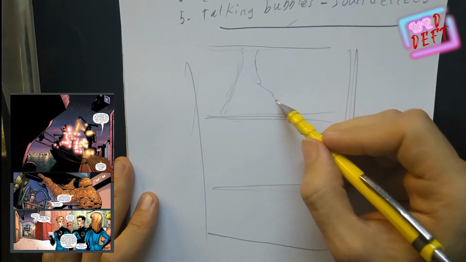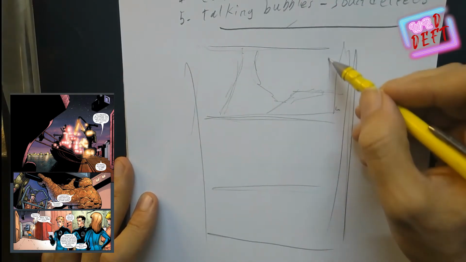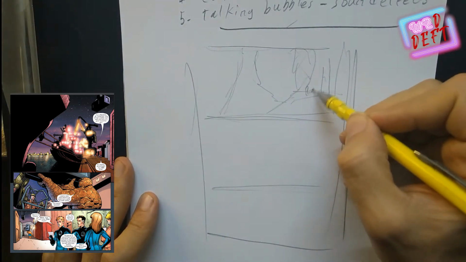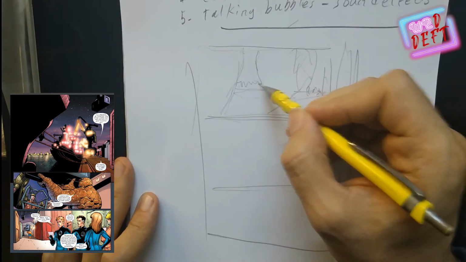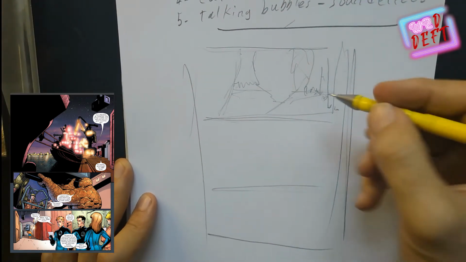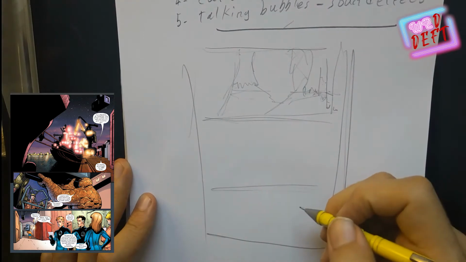The first panel is about 2 huge ships, carrier shipments, and the Fantastic Four are in the back scene, while we can see the city in the far background there with some waters, of course. So this is a scene that the artists have already drawn.